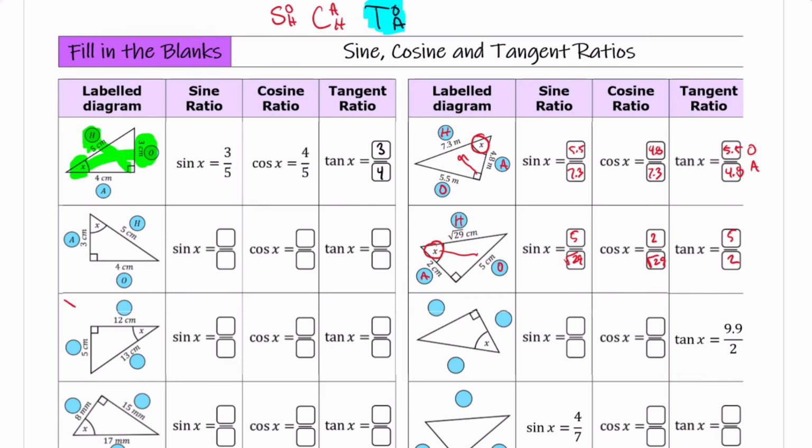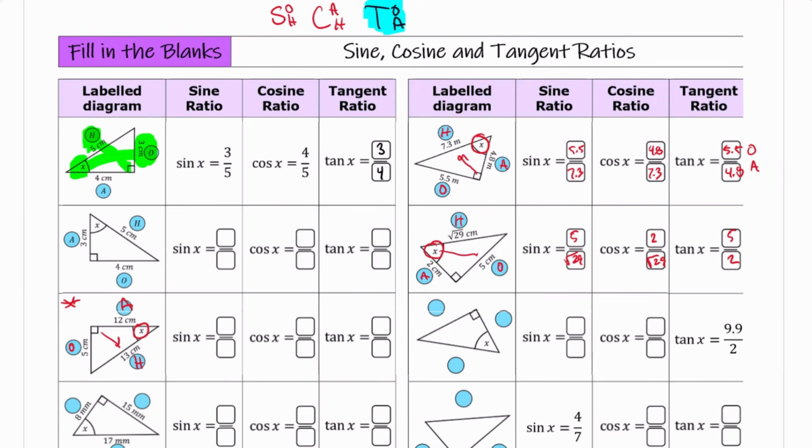Take a look here on the bottom left, this problem that I just threw a star by. Take a moment, circle the angle, and label the sides. Opposite, hypotenuse, adjacent.